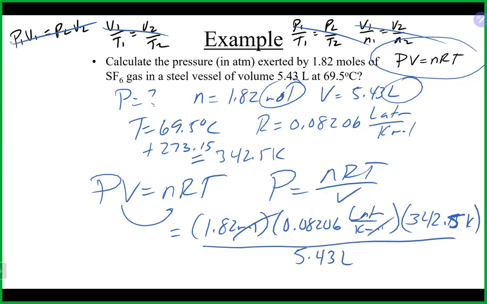Moles will cancel, Kelvin will cancel, liters will cancel, leaving atmosphere, the only unit left. 1.82 times 0.08206 times 342.5 divided by 5.43 gives us a pressure of 9.42 atmospheres. Any questions on that?